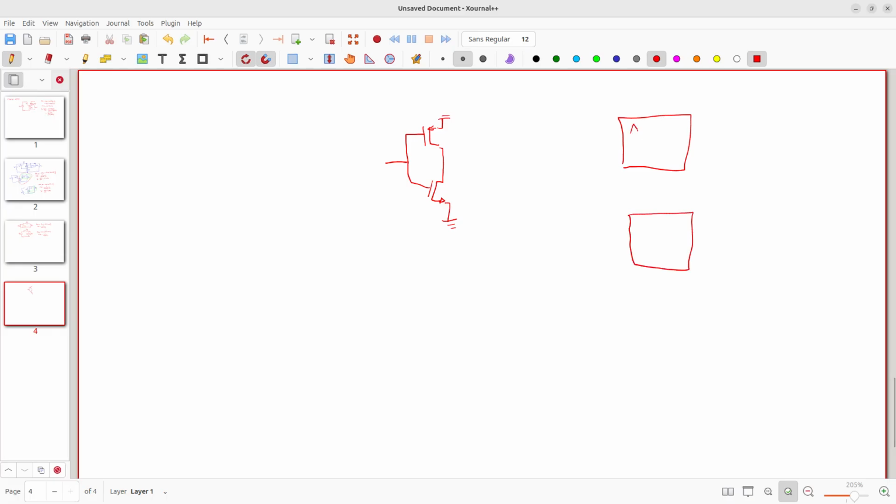We have A, B, C, D, and A, B, C, and D, and then the inputs are connected together, the outputs are connected together, and then these ones are also connected together.